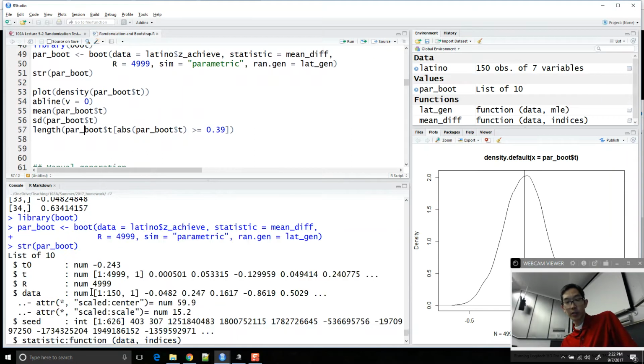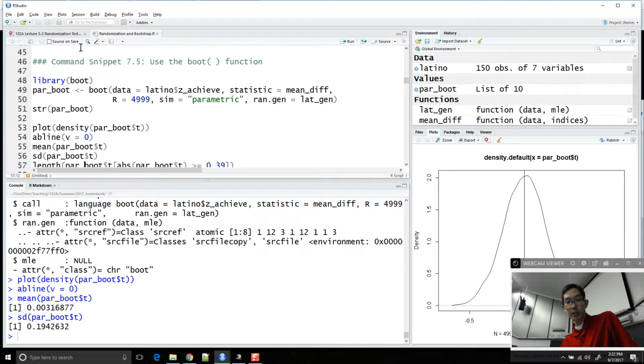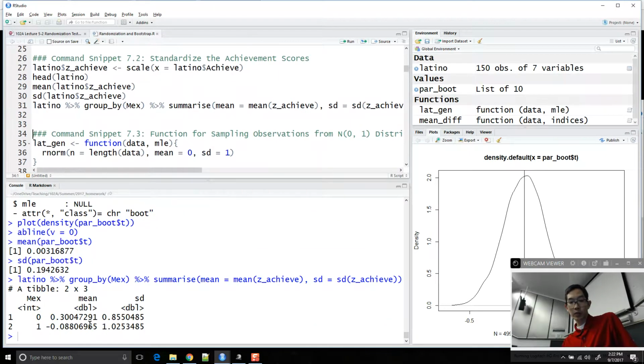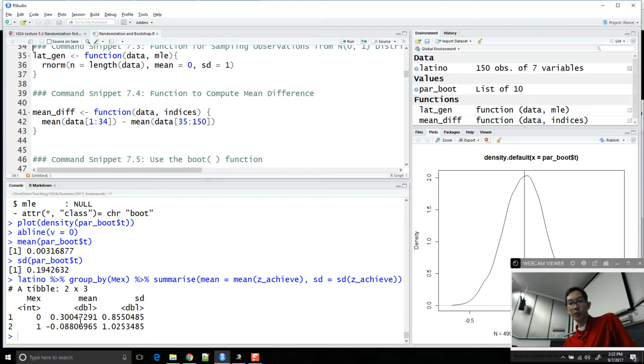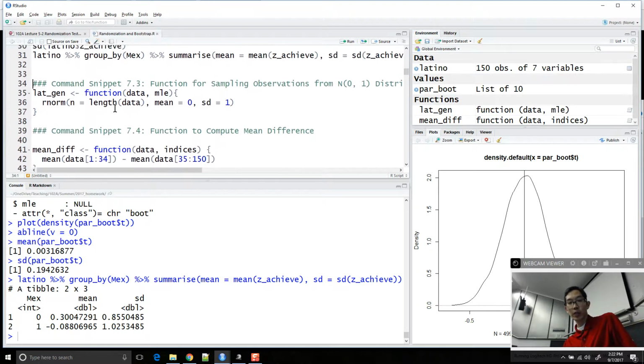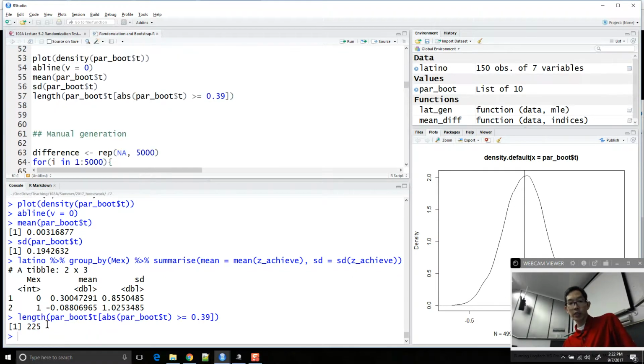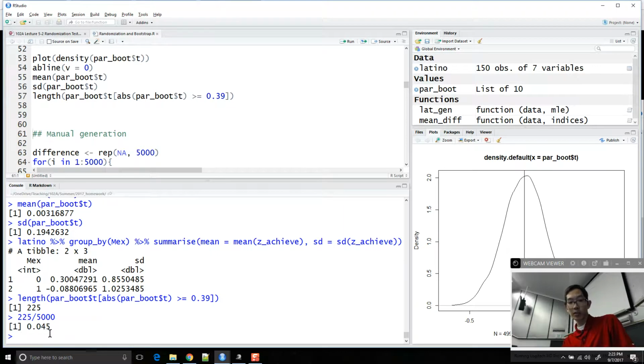When we went all the way back and did this, we got a difference of 0.39, the difference between group 1 and group 2. So we want to know how often we got a difference greater than 0.39. We got 225 out of effectively 5,000 repetitions, so this happened about 4.5% of the time.